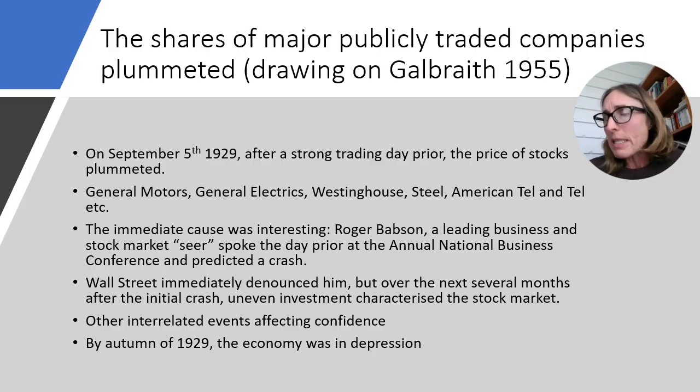On September the 5th, 1929, after a strong trading day prior, the price of stocks suddenly plummeted. General Motors, General Electric, Westinghouse Steel, American Tel & Tel, all of these major publicly trading companies who were selling shares to finance further expansion, saw their share prices plummet.